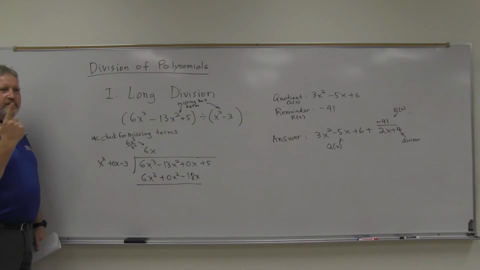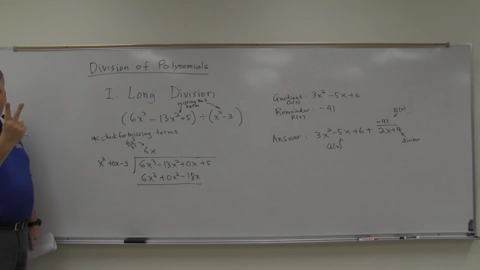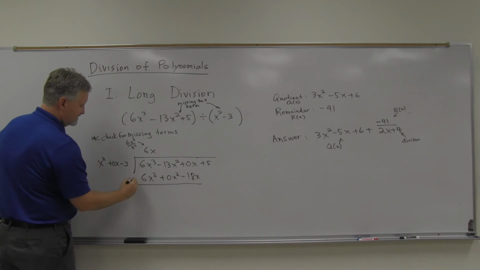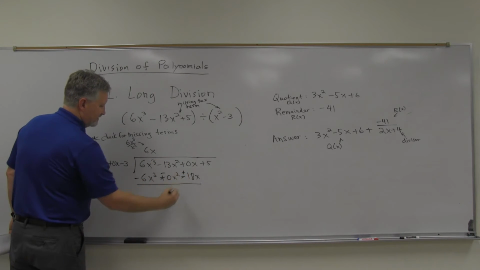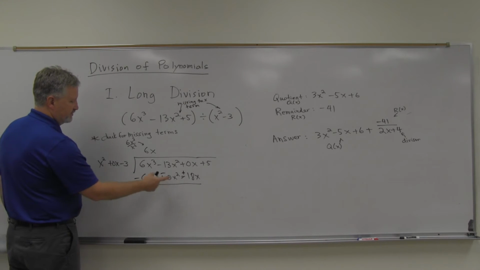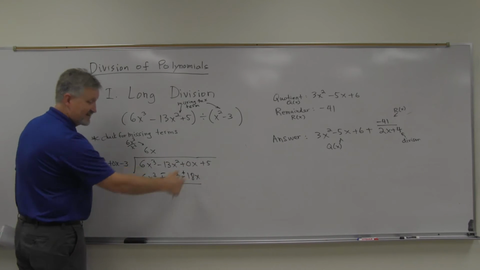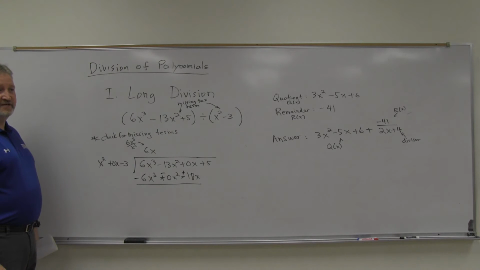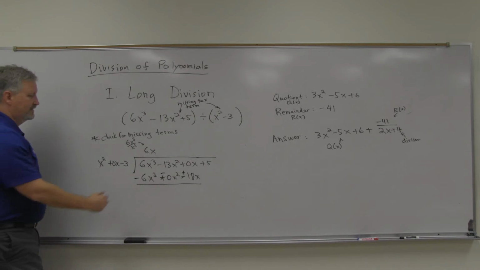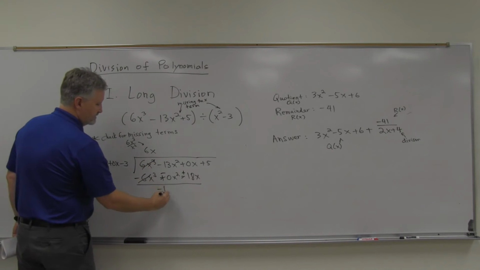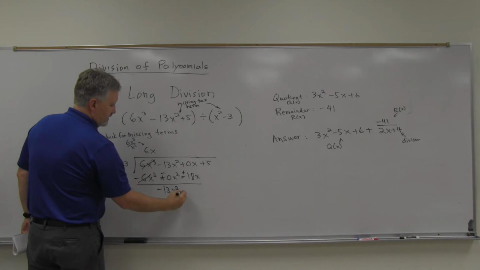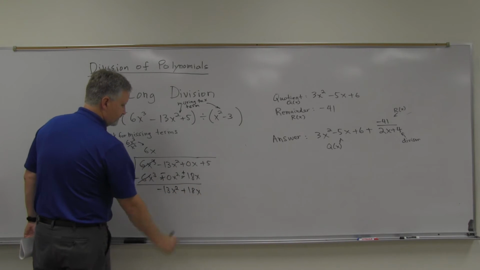What's last? Subtract. I just say that means change these signs. So it's minus 6x cubed minus 0x squared plus 18x, because you're changing all those signs. That'll cancel. That'll be minus 13x squared. That'll be plus 18x.